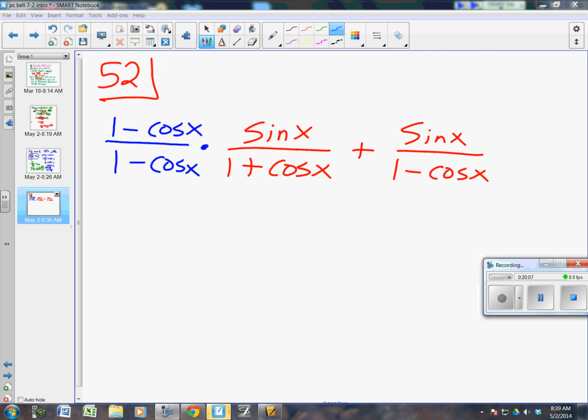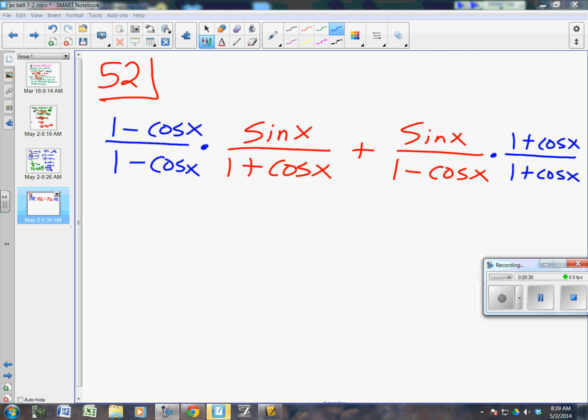Because what? That's a 1, right? The number divided by itself is 1. When you times something by a 1, it doesn't change its value. It just changes what it looks like. Over here, I've got to times this one by 1 plus cosine of x. That way, I'm going to have a common denominator, and I can add these together.